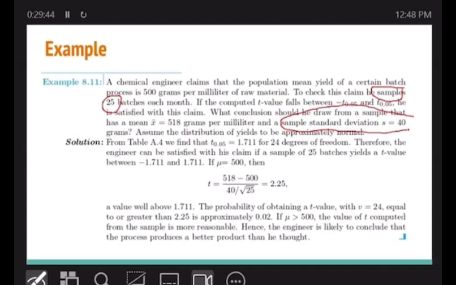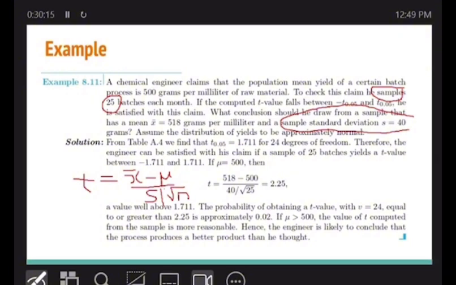Now, do you know what formula I'm using? T equals X bar minus mu over standard deviation divided by square root of n. That's what I'm plugging in. My X bar will be the sample mean in the question.